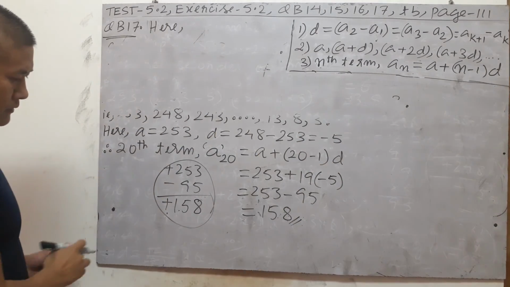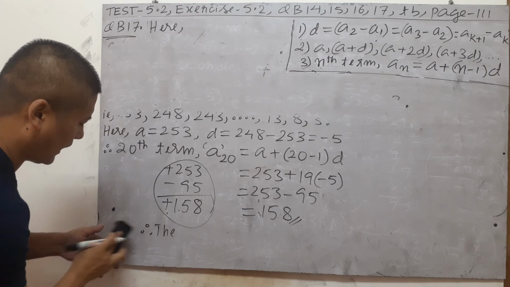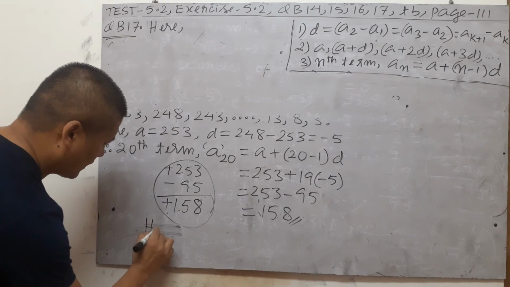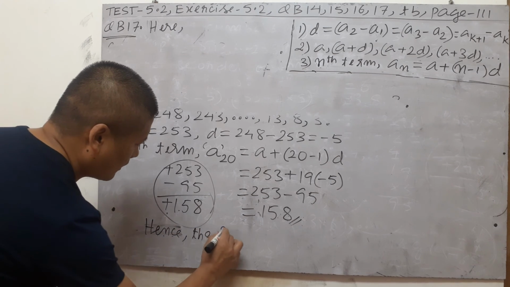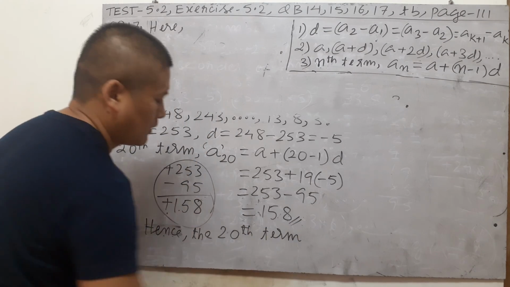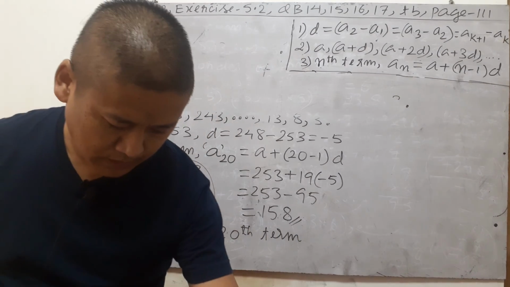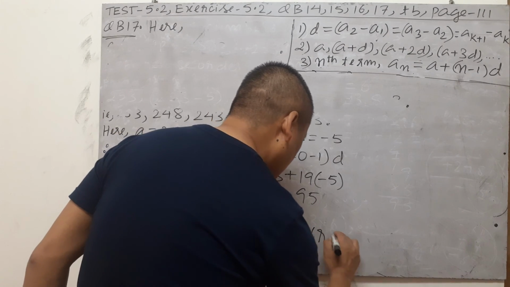After this, below this, write hence, the 20th term from the last term, I'm just using the same language as the text.